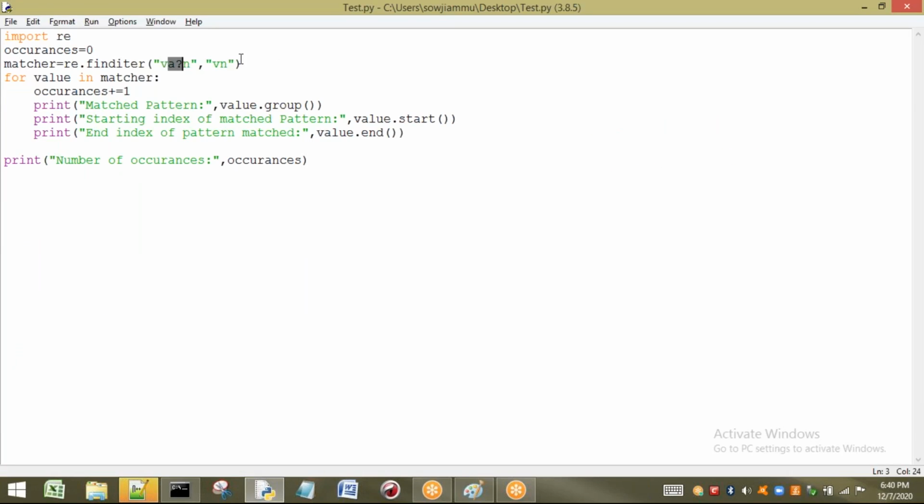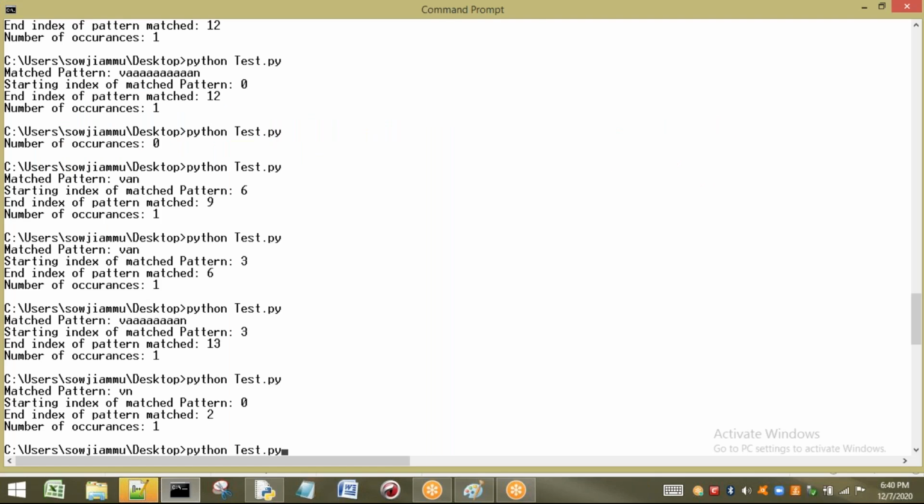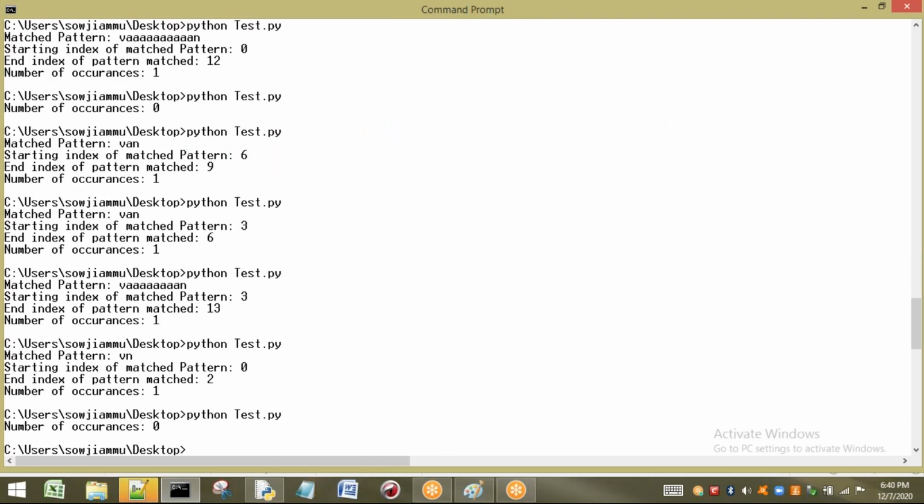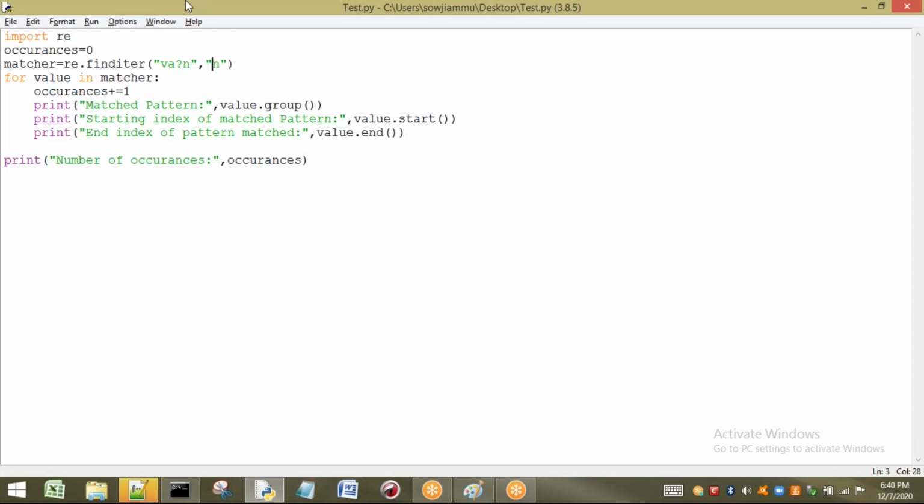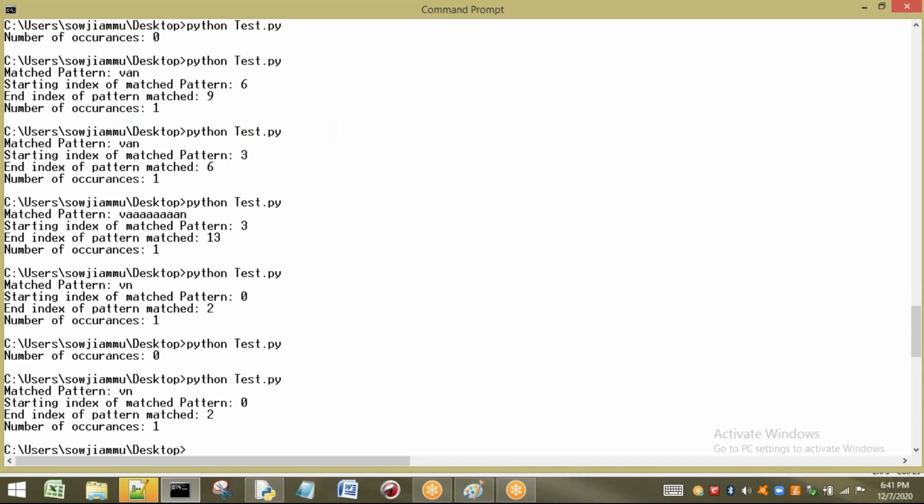If I remove V also and execute, it is going to give zero occurrences. The reason is that I am searching for a pattern which starts with V, and one occurrence of A can be there, or zero occurrences of A can be there, and ends with N. But here N is there, A is not there, no problem, because zero occurrences can be there, but V is not there. So we got zero occurrences. If we place V, again we will get one occurrence. There is no problem.